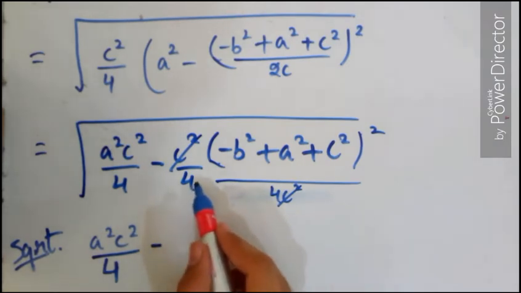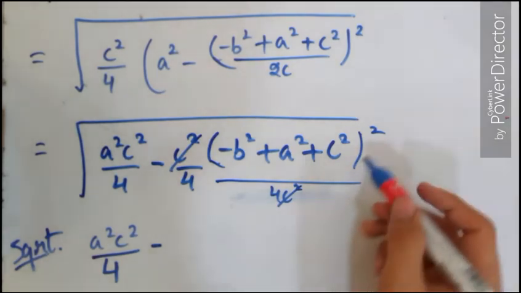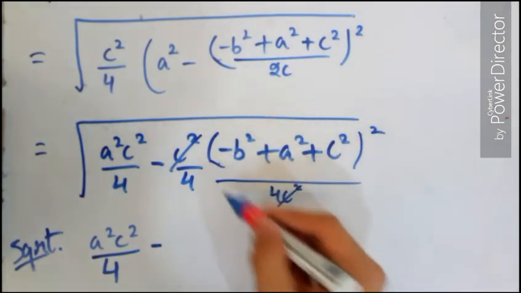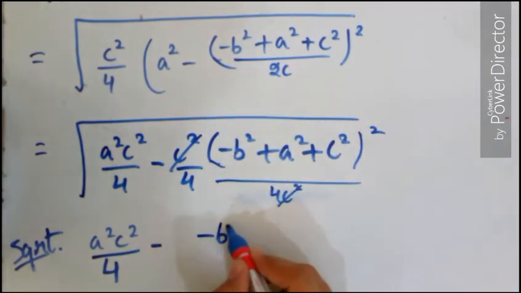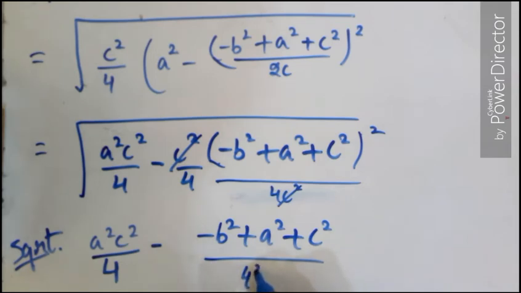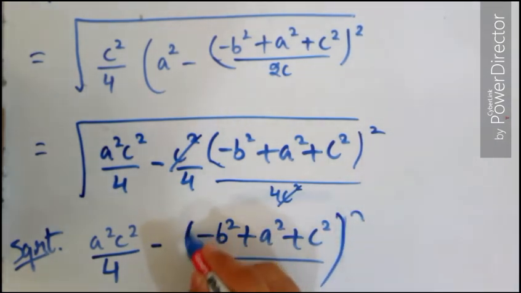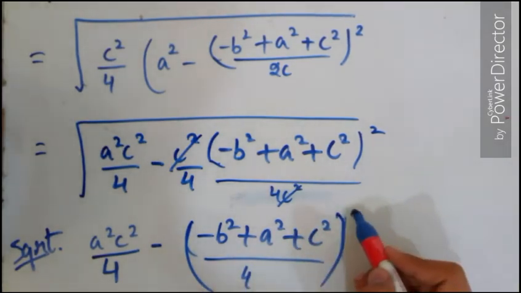So we have in the denominator 4 into 4, that is going to be 4 squared, and I'm going to write this whole in the bracket right here, so b squared plus a squared plus c squared upon 4 squared, but I'm going to combine it all and write the square here.